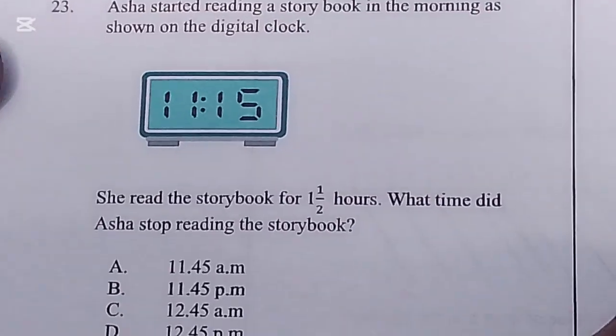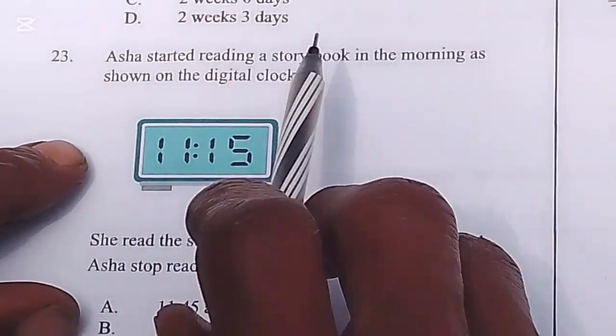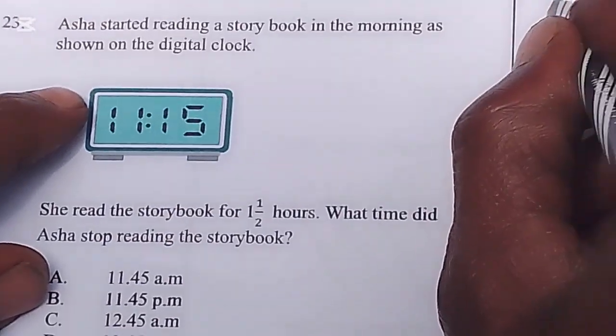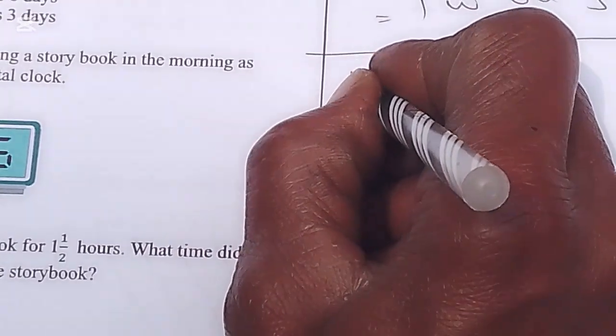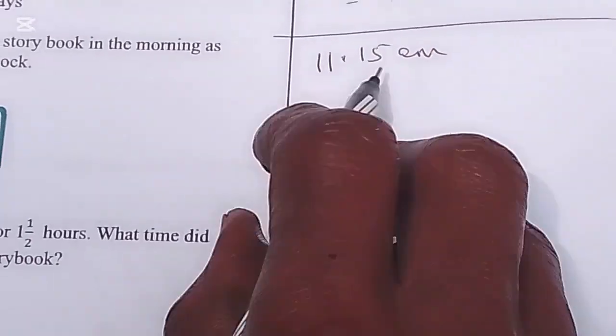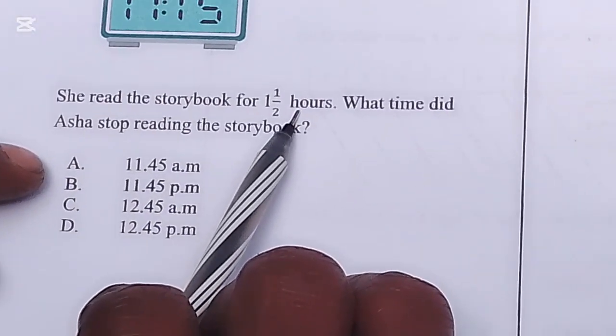23. Asha started reading a storybook in the morning as shown in the digital clock. In the morning, that is now 11:15. If it is in the morning, it is AM. She read the storybook for 1.5 hours.